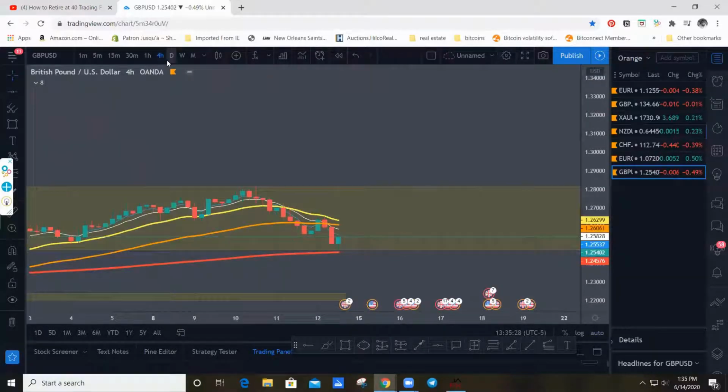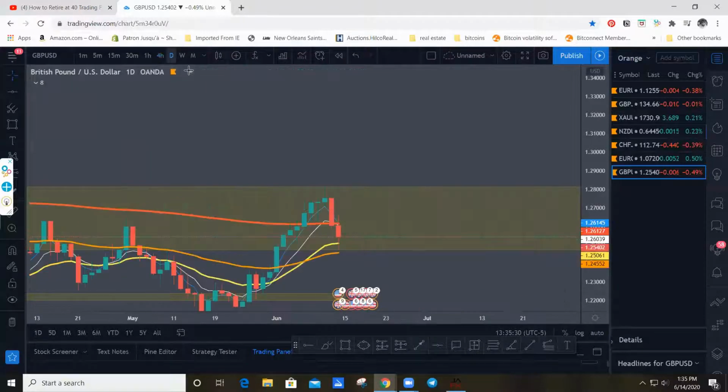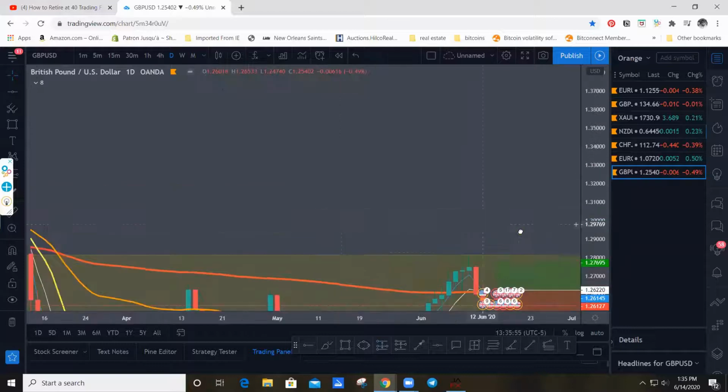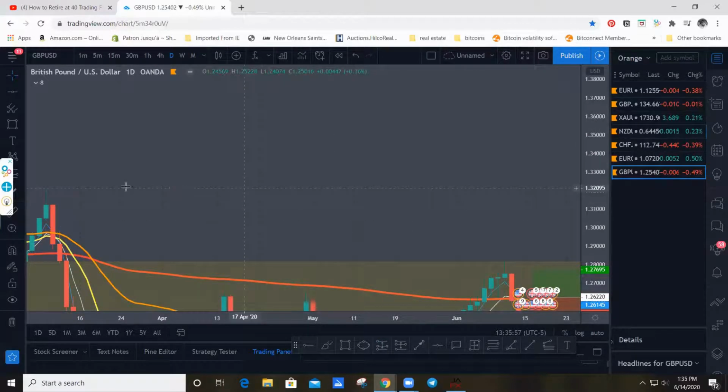Price close above the 200. Yeah, right here. Because it's rejected, so I want to see anything. This is no confirmation for me wanting to get in, but just to watch it do this. I want to see a green candle, another green candle, and then take it to this area.